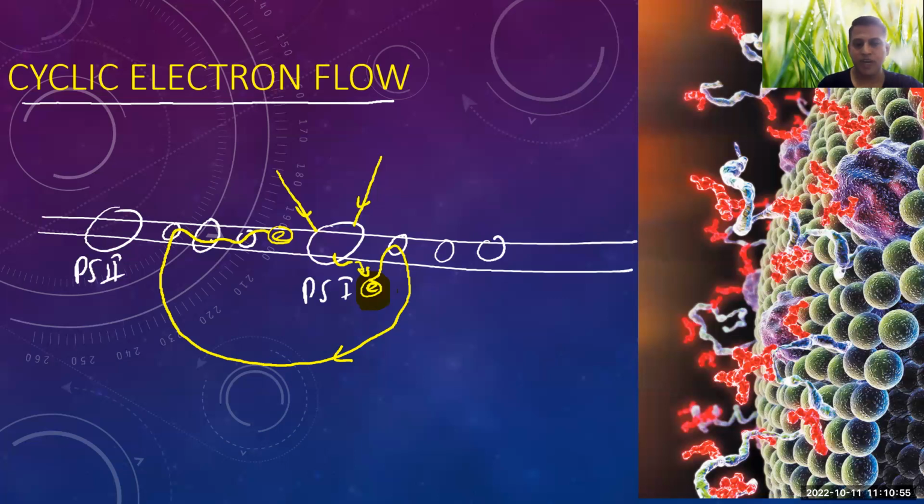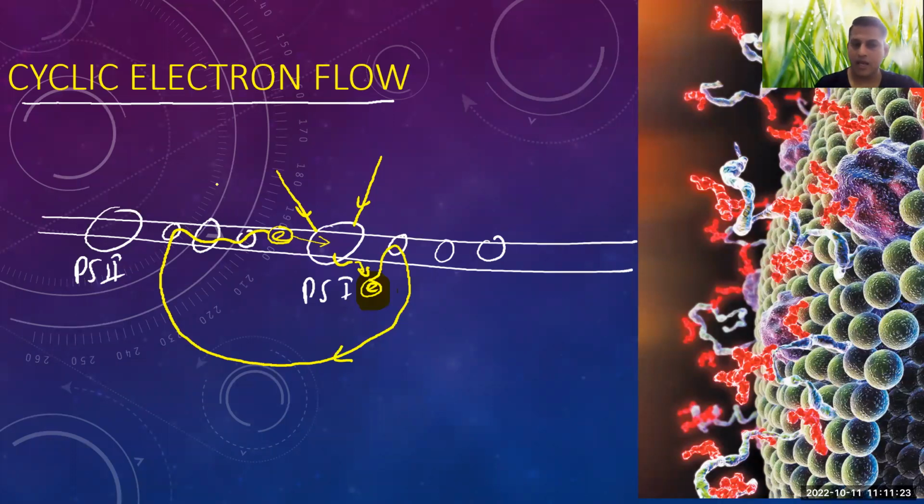Then it moves down, and when it comes to here, the energy is lost. Because I highlighted this one to say it has energy, but here, no energy. So then it comes back again to the complex to stabilize the complex, because this complex lost an electron.